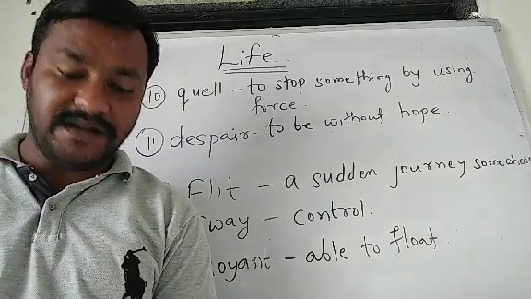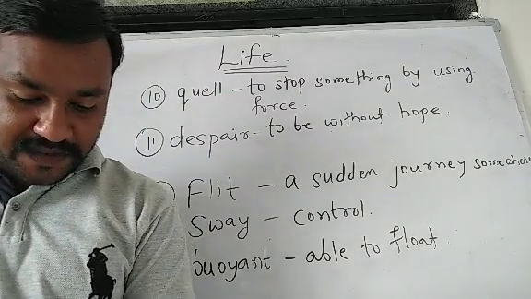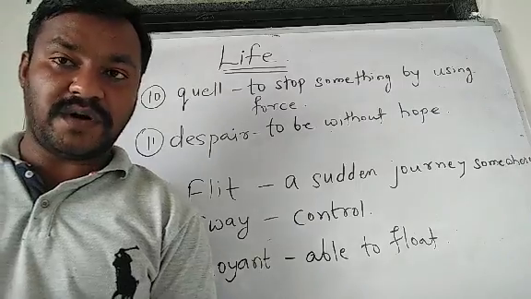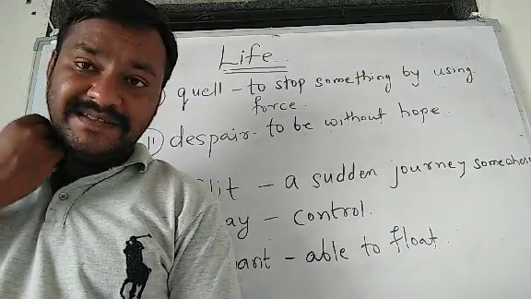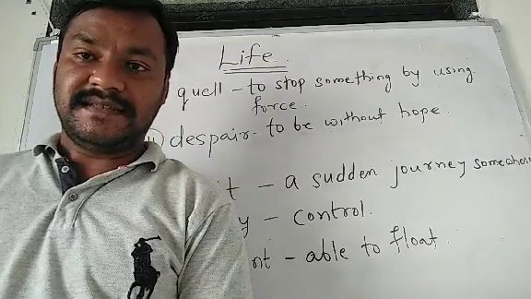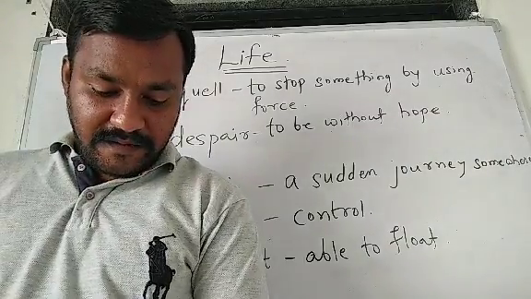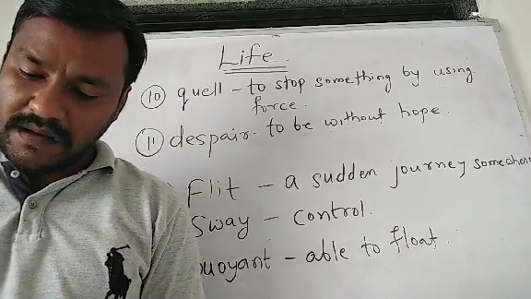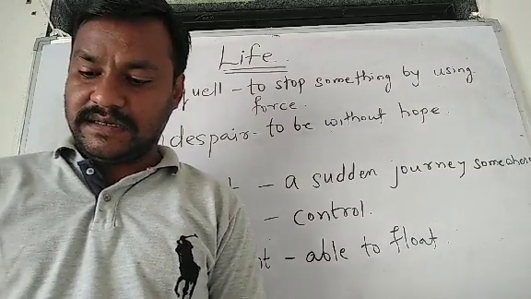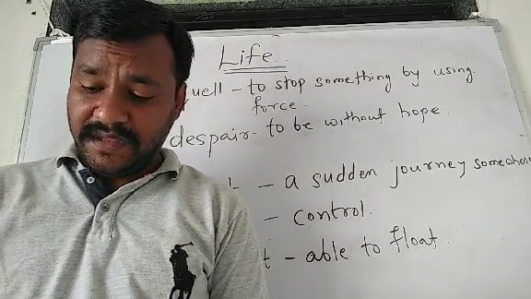Gloom means a difficult situation. Transient means lasting for only short time, or temporary. Lament means to express sadness. Fleet, a sudden journey somewhere.